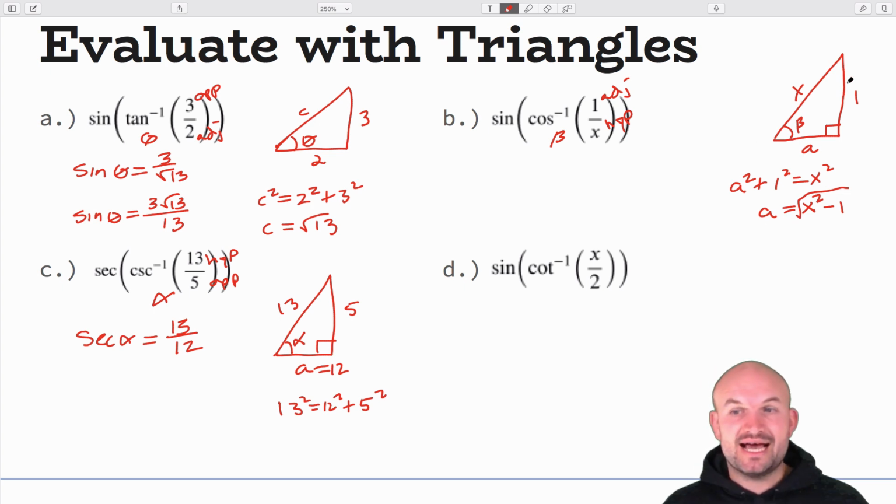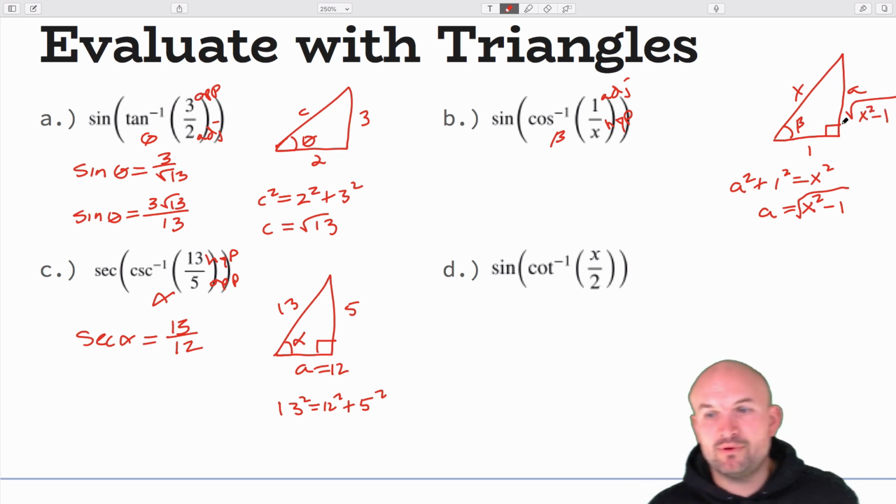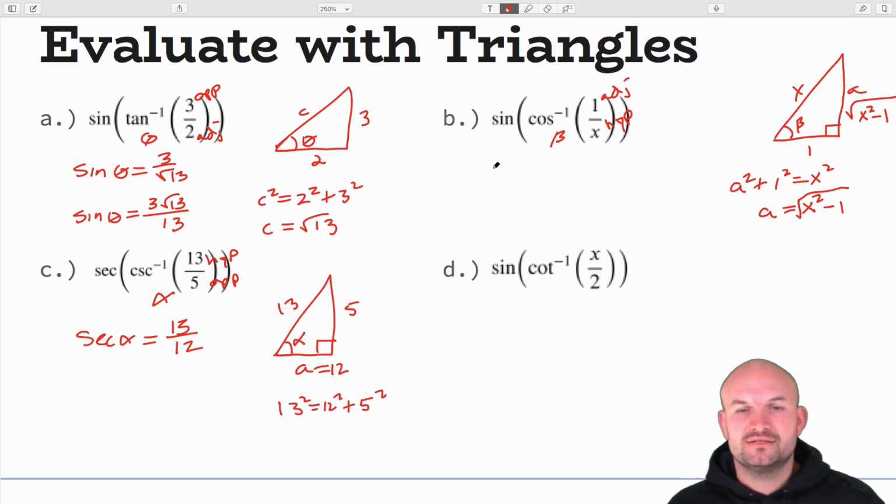So now we're doing the sine. Wait a minute. Oh, I wrote that wrong. I was wondering. There you go. Thankfully, nothing got messed up. That's the adjacent over hypotenuse. Okay, so therefore, a is the square root of x squared minus 1. So now when I want to do the sine, so let's call this beta.